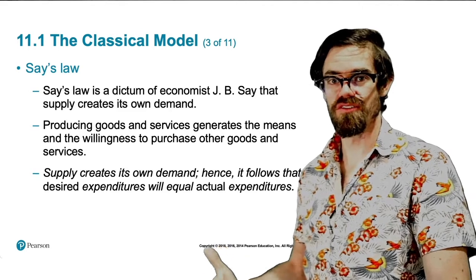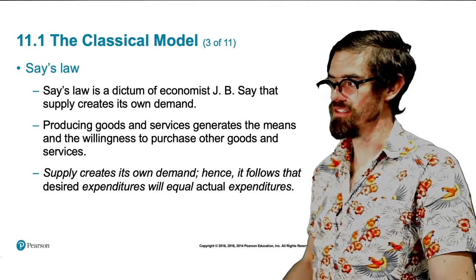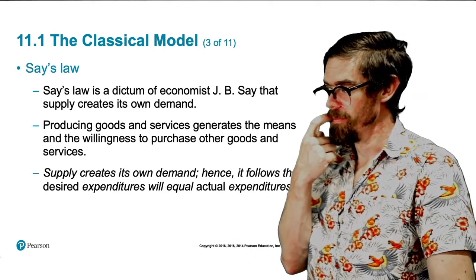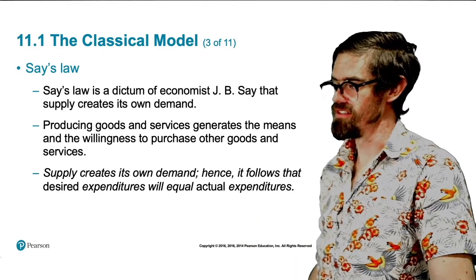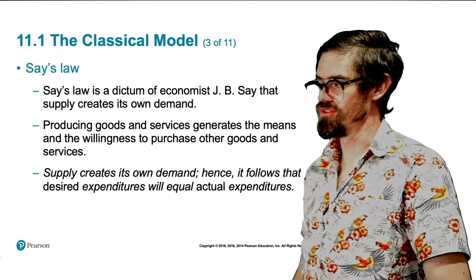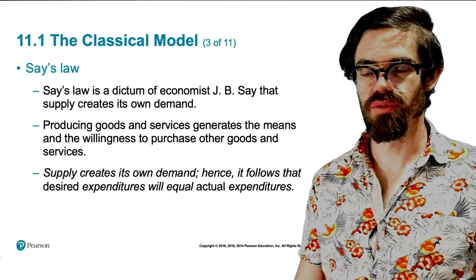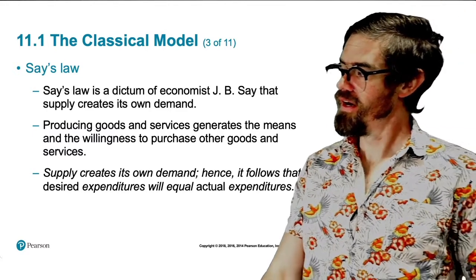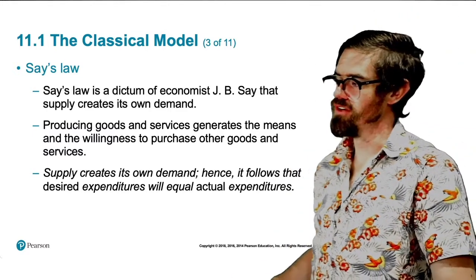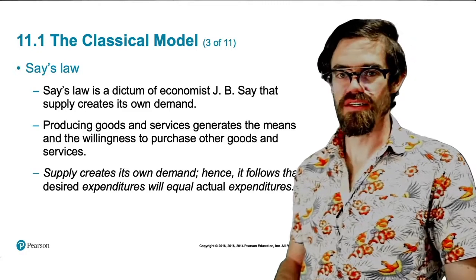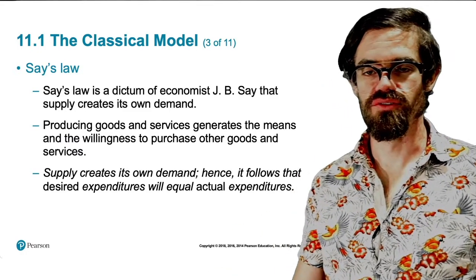So in this sense, supply creates its own demand. And hence it follows that desired expenditures will actually equal actual expenditures. But for the most part, you just need to know that Say's law is that supply creates its own demand.